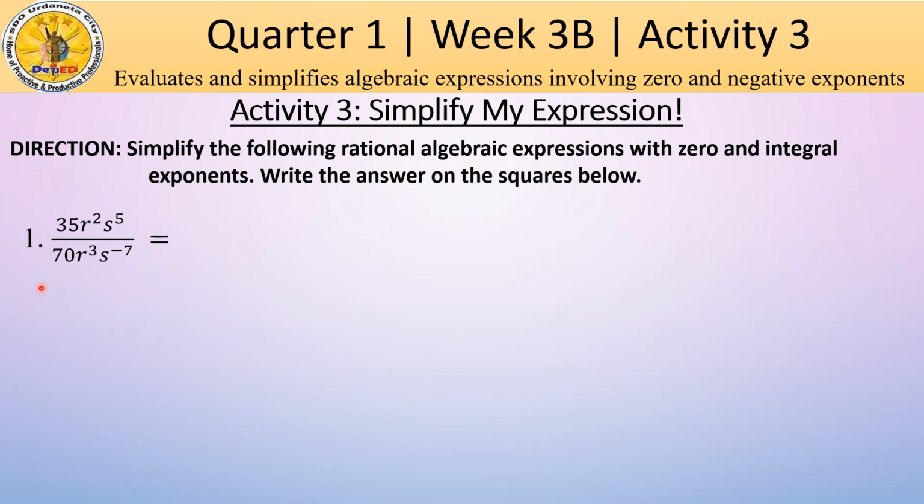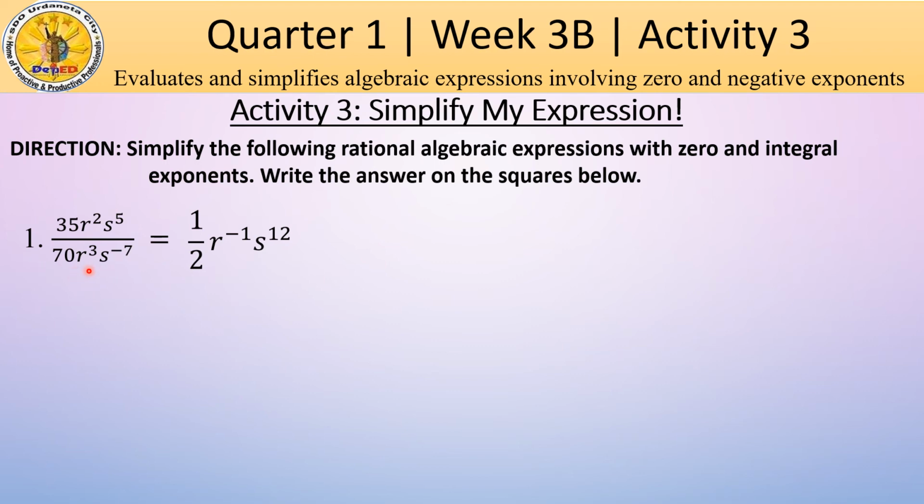Notice class, you can divide both the numerator and denominator by 35. So, 35 divided by 35 is 1, and 70 by 35 is 2.